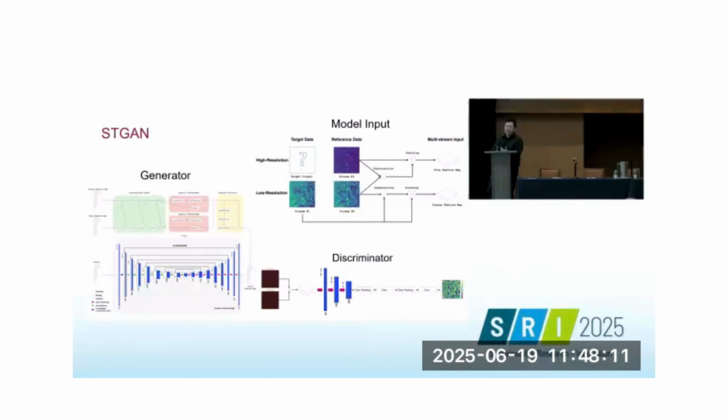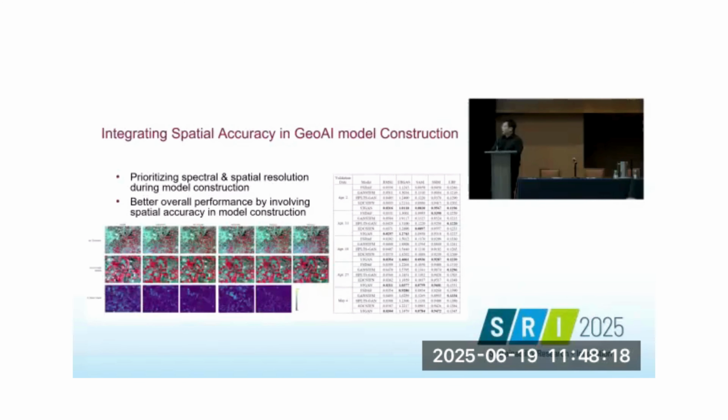This is the model structure. It is a generative adversarial network-based model, so we have the generator and discriminator. And this is the result we have. In the model construction, we are not only prioritizing the spectral accuracy, but the spatial accuracy is also involved in the model optimization.